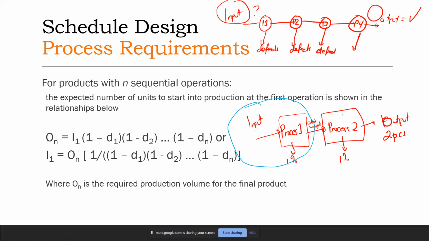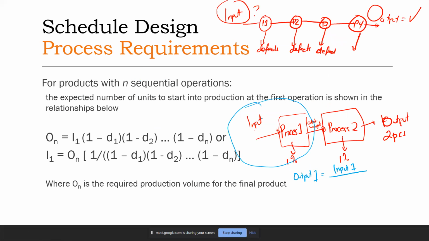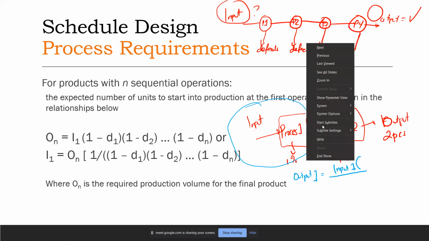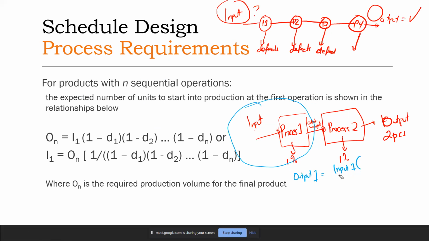Hindi natin siya agad masosolve kasi wala tayong makikita. So, kumbaga para itong output sub 1 is equal to the input sub 1 divided by, or kung babalikan natin dito, ito po.